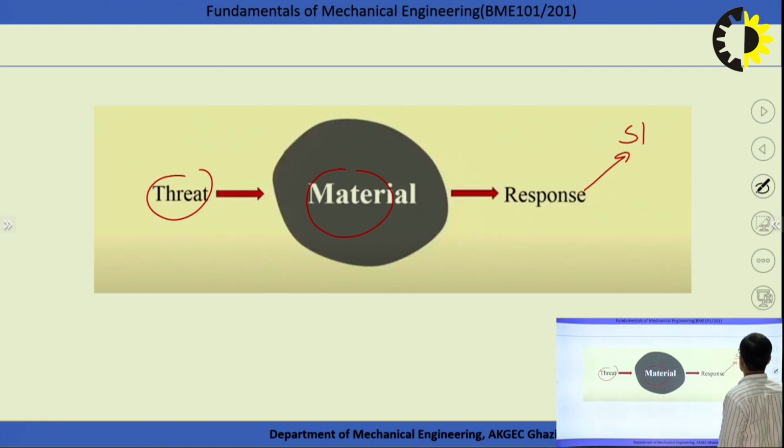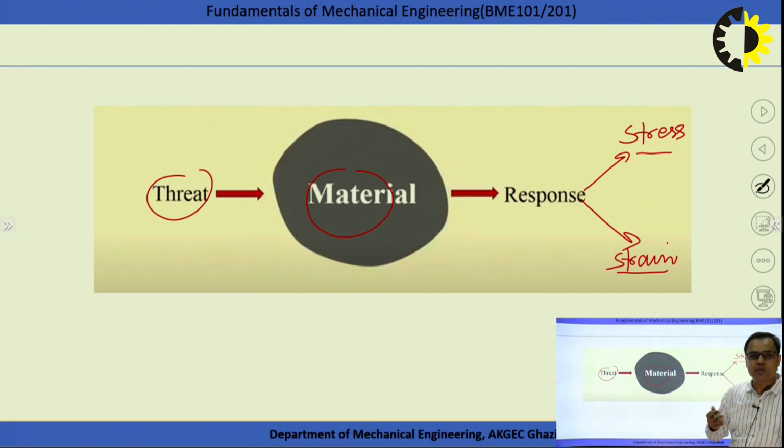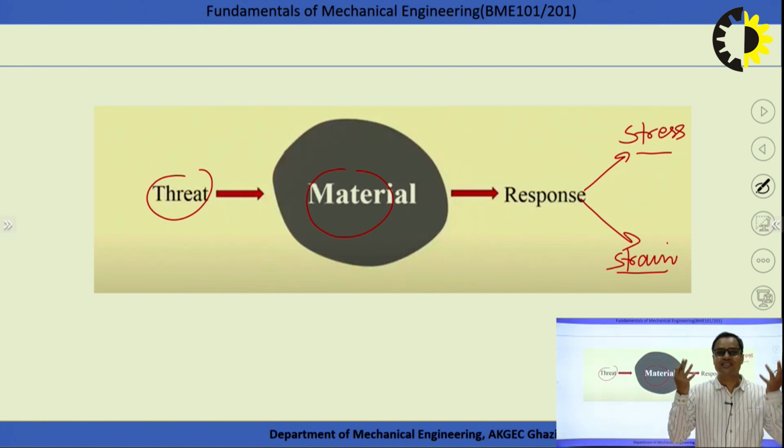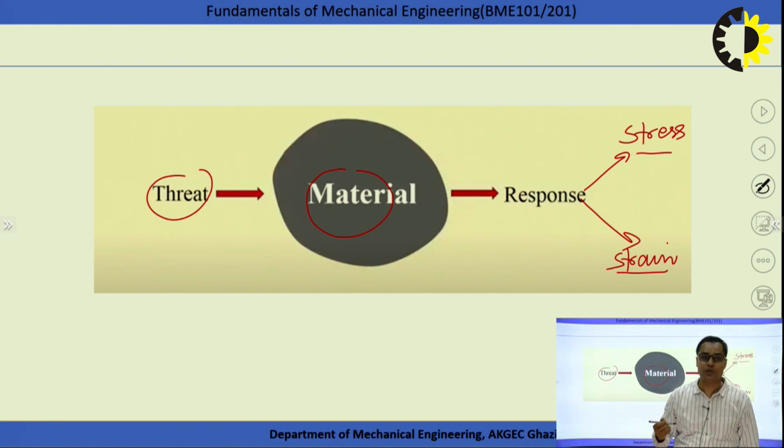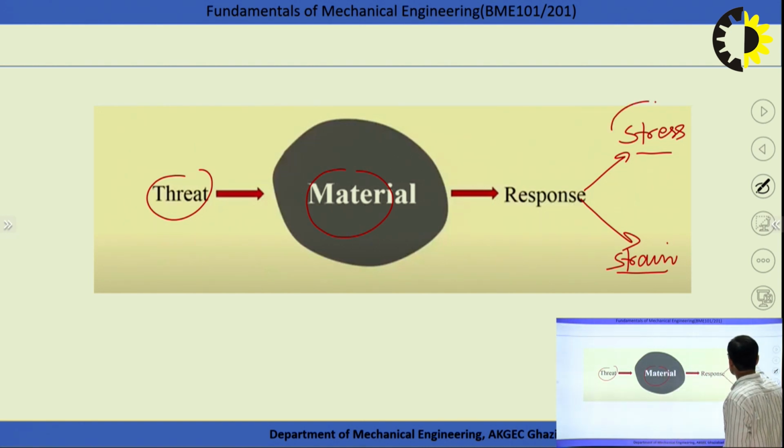One response of the material is called stress, another response is called strain. So how will the body respond against the threat? Just like in the previous example, if there is any threat on the human body, how does the human body behave, how does it respond? So there are two responses of the human body also. One is stress, another is strain.